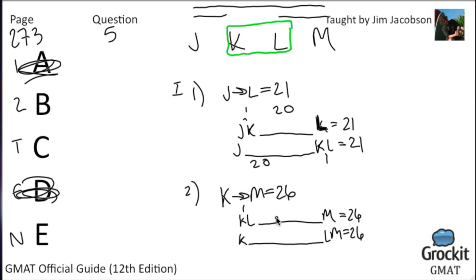Again, this could be 1 and this 25, or this could be 25 and the 1 could be here. So we have a wide variety of distances that we could have between K and L in both cases. This one is insufficient. We can cross off choice B.